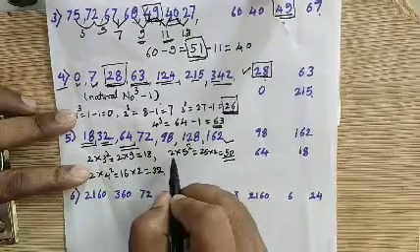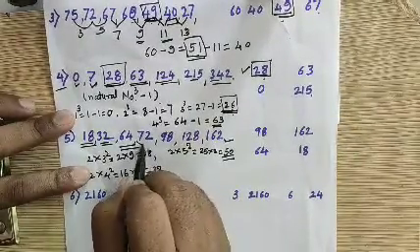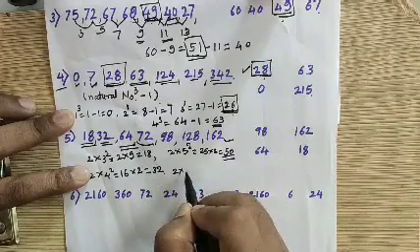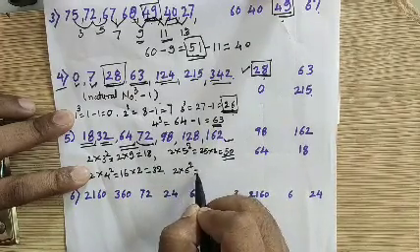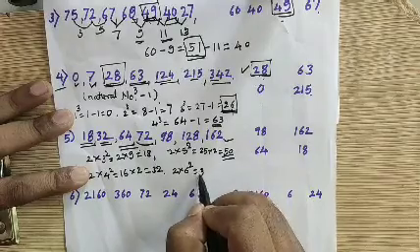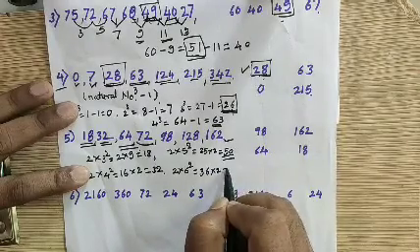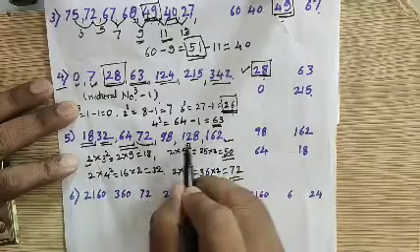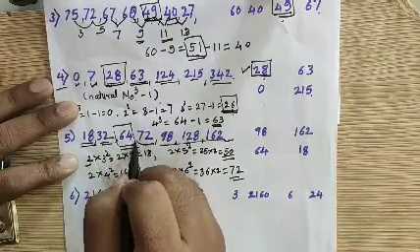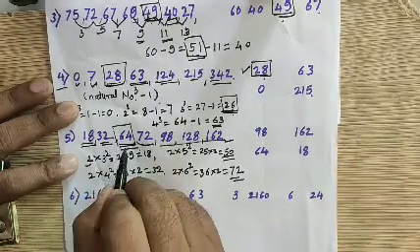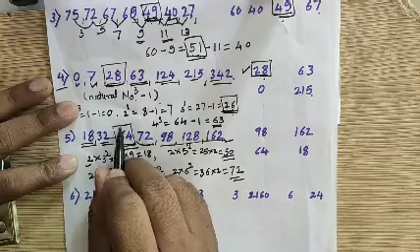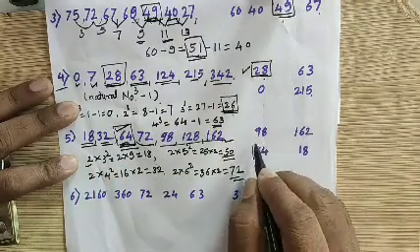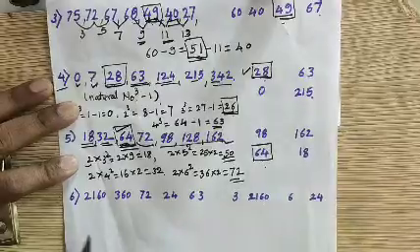So if we followed the next term, that is 72, if we find 6 square, 36 into 2 we got answer 72. So this pattern follows till the end except 64. So here we can easily say that 64 is a wrong term in this series.